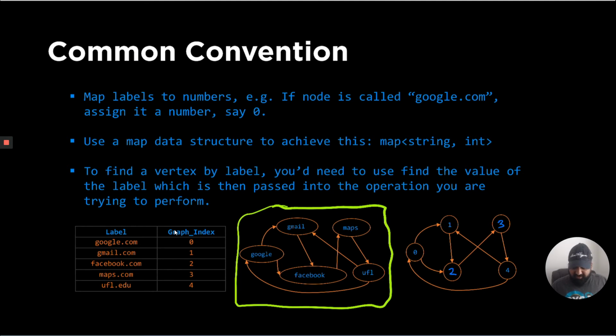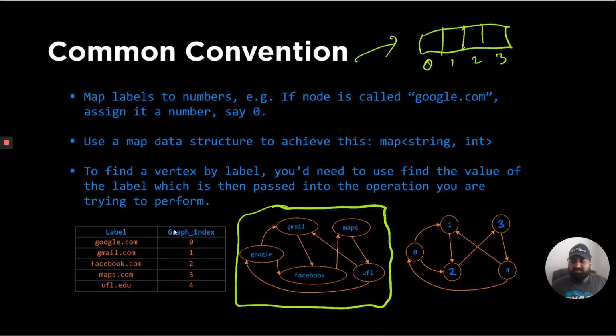But representing these in the form of numbers is more commonly used. The reason is that whenever we are representing these graphs in memory, they might be represented in some array or some other data structure, and it is much easier to represent the vertices by numbers or indices rather than by the actual string names.